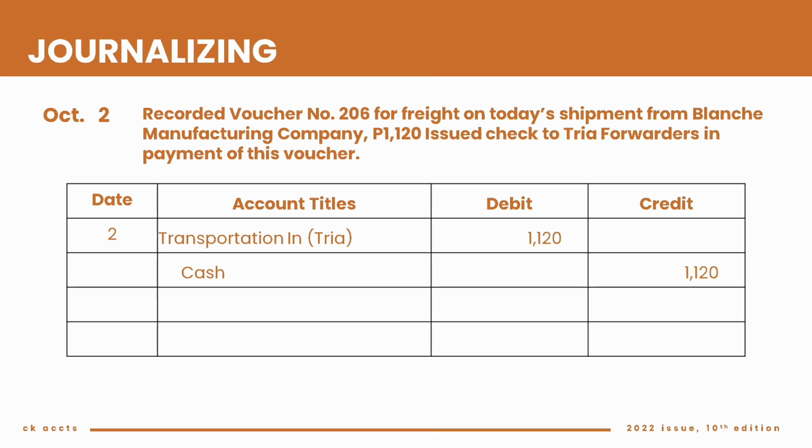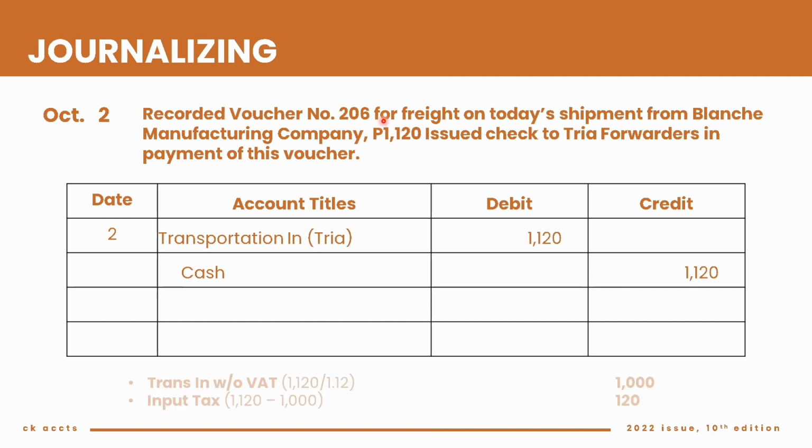So because we recorded this transaction to our voucher, we recorded voucher number 206. Etong transaction na to, we have to compute for the input tax necessary to compute for this specific transaction.